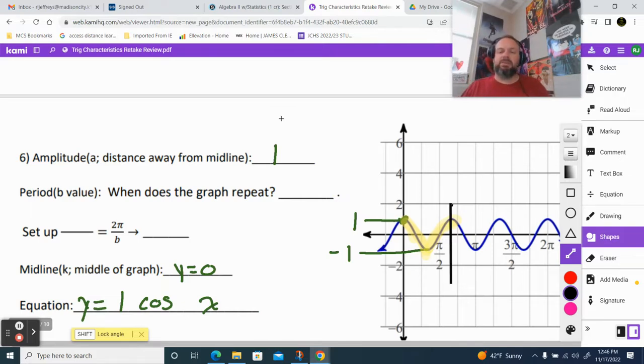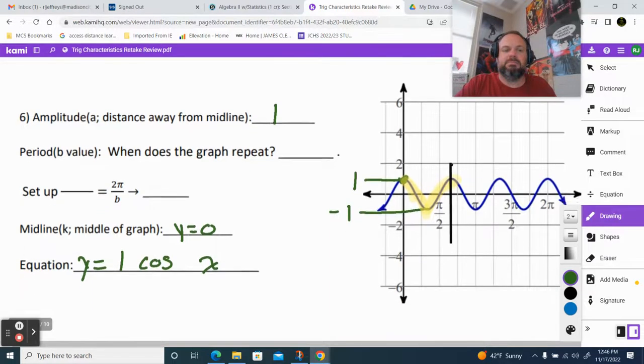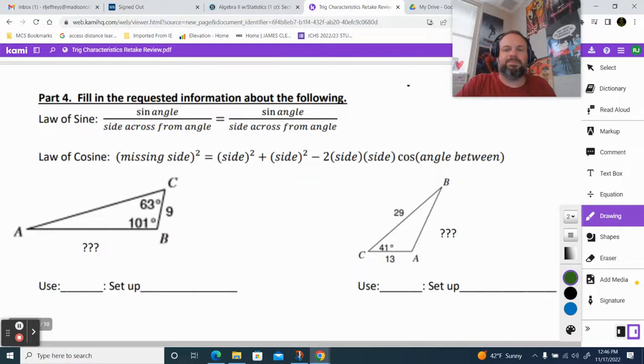So yeah, it could be 2 pi over 3. I don't know, but trust me, the ones I actually did for the retake seem dramatically easier than the ones y'all had yesterday or Tuesday.